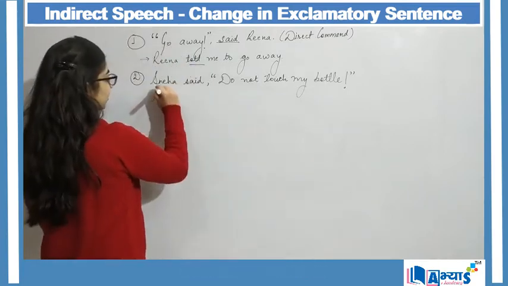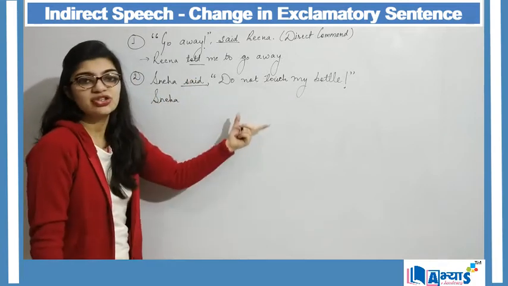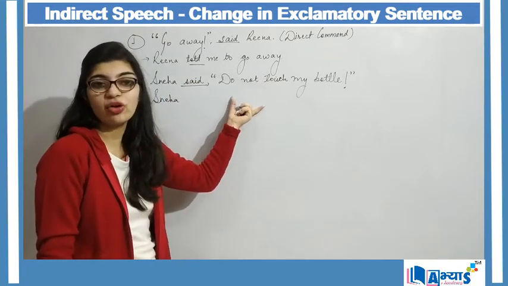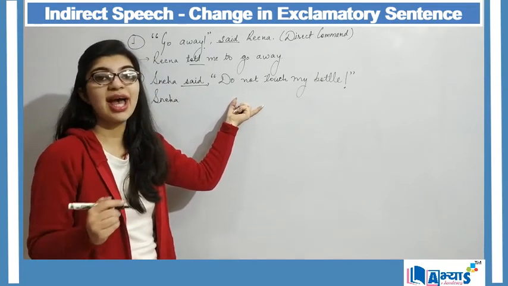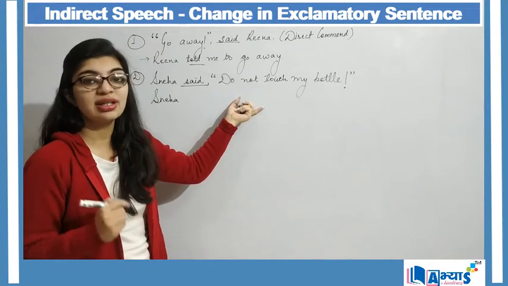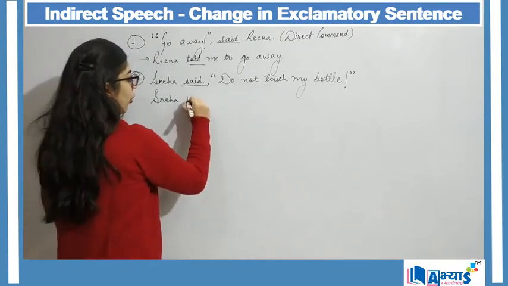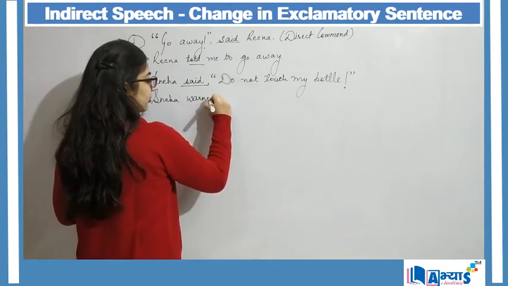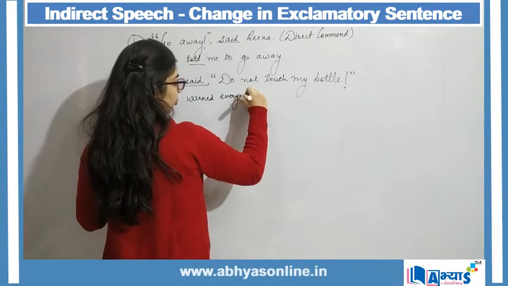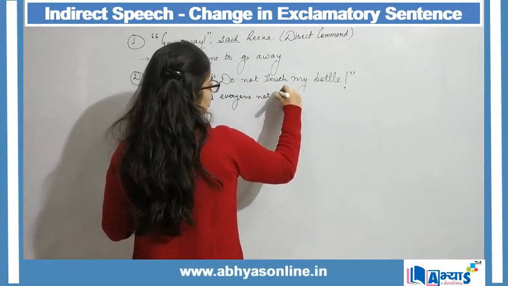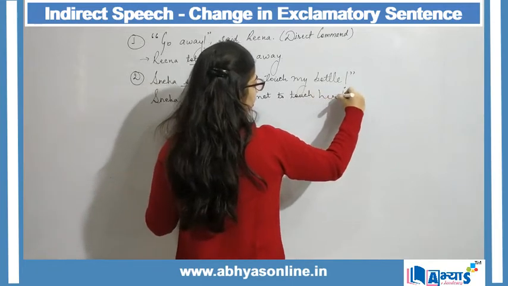So instead of the word said, just find out what kind of tone the sentence makes. And this is an alarming voice. This is an alerting voice, or you can say a warning. So Sneha warned everyone not to touch her bottle.